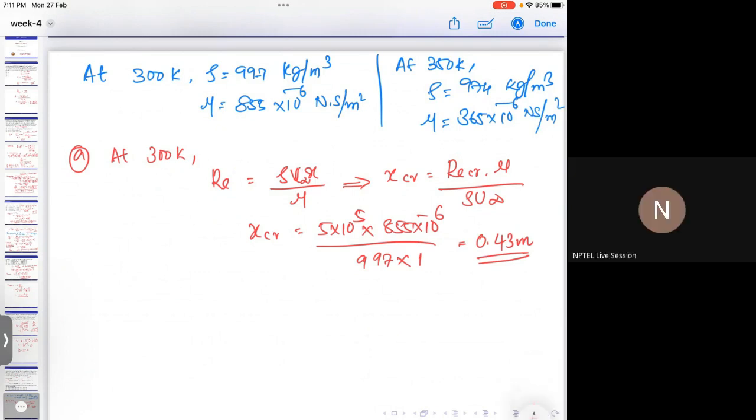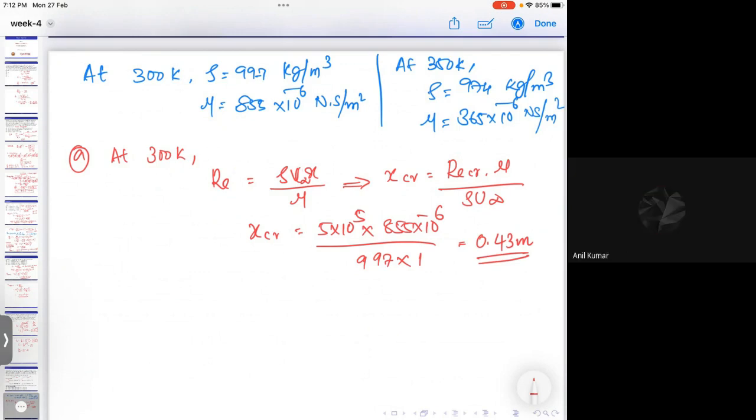No, critical Reynolds number we already know, no? For laminar to turbulent transition, it's 5 into 10 raised to 5. Okay, I am calculating the critical length. But sir, in all the books, first they calculate the Reynolds number, and then they find whether the flow has entered the turbulent regime or not. I don't know why, I just bypassed this.